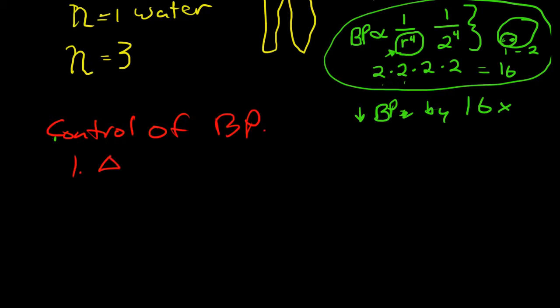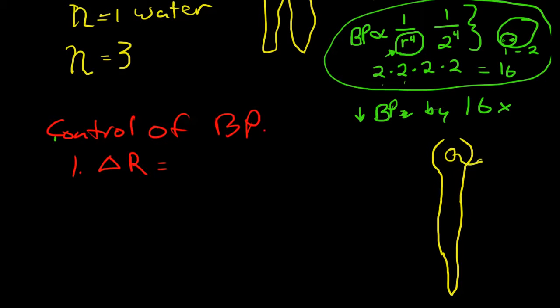Changing radius. In our body, the vasomotor center is part of our sympathetic nervous system. This is the main place where we control our blood pressure. It sends out information via the sympathetic nerves.